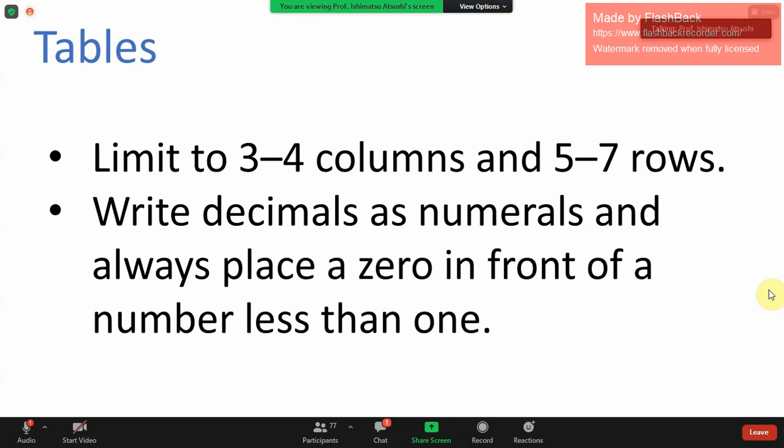And tables include numbers in most cases.